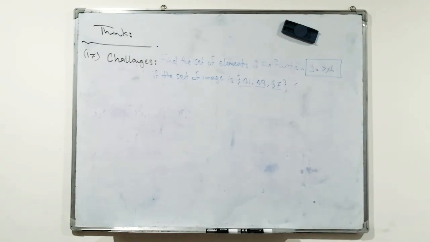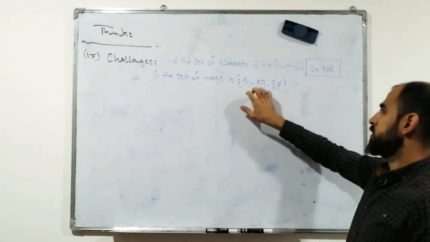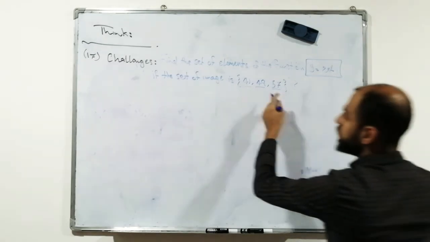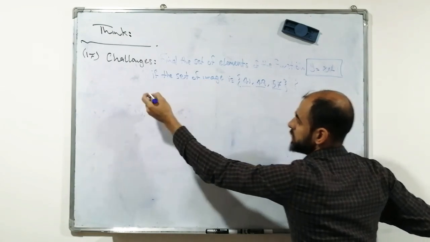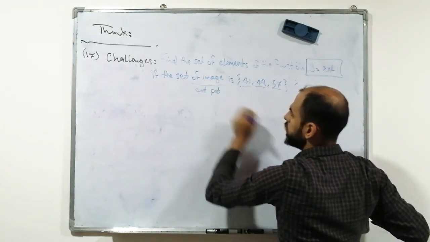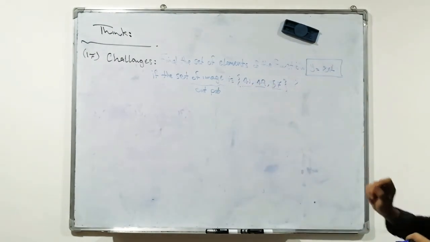In this question, we don't have to find the function rule because it's given, and we don't have to find the output value because it's given, but we have to find the input value. The set of images means the outputs, which are 41, 49 and 57.